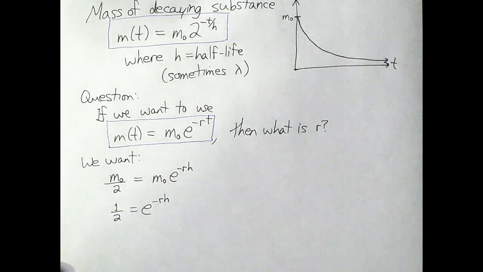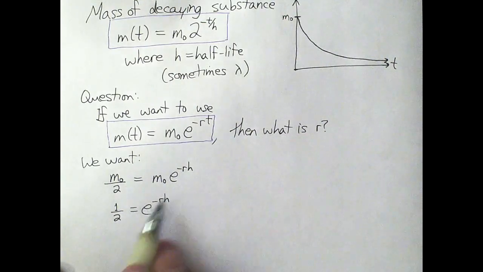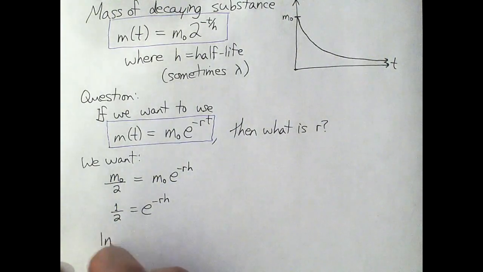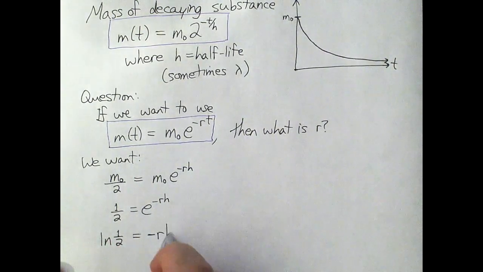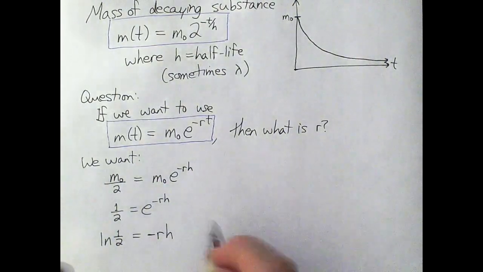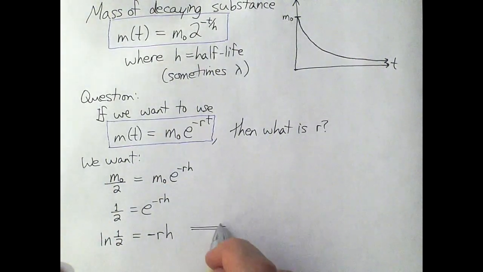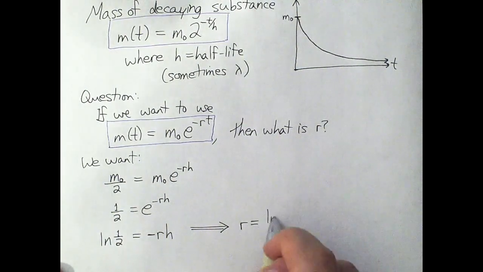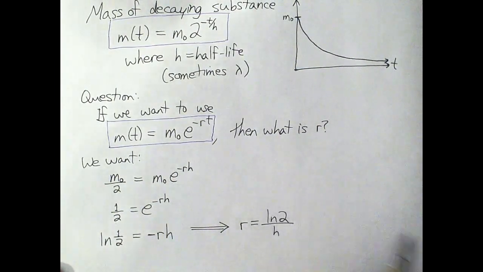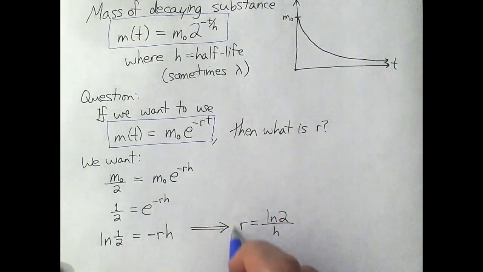From this, I could do ln of both sides maybe because there's e to a power. Let's do ln of both sides. ln 1/2 equals, if I do ln of the right-hand side, it's going to simplify to just negative RH. And from this, we get the little formula R equals ln 2 over H. I'm going to put a little box around this too.